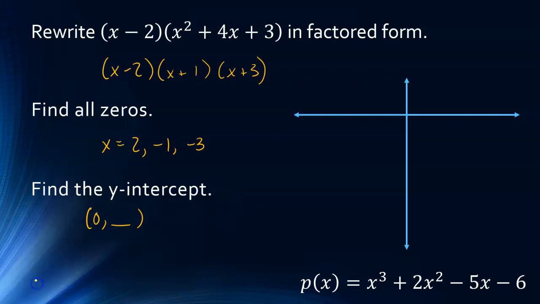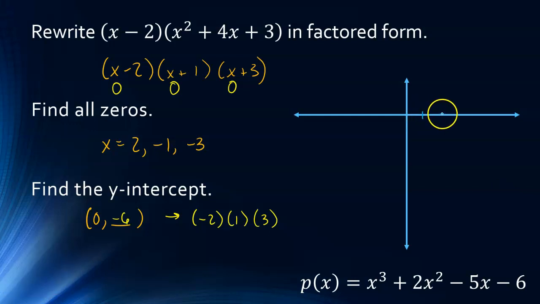It's in a different color so you can see what I'm talking about. Every time we have an x in that factored form, we can replace it with 0. So we would have 0 minus 2 is -2, 0 plus 1 is 1, 0 plus 3 would be 3. If I simplify that, -2 times 1 is -2, times 3 is -6. So we're going to have a y-intercept where y is -6.